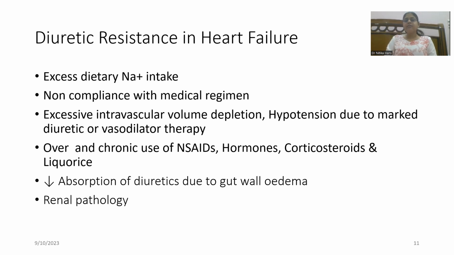Non-compliance with the medical regimen, excessive intravascular volume depletion, or hypotension due to marked diuretic or vasodilator therapy can also cause it. Overuse and chronic use of non-steroidal anti-inflammatory drugs, hormones, and corticosteroids can also develop diuretic resistance. Decreased absorption of diuretics due to gut wall edema or renal pathology. All these can lead to diuretic resistance in heart failure.